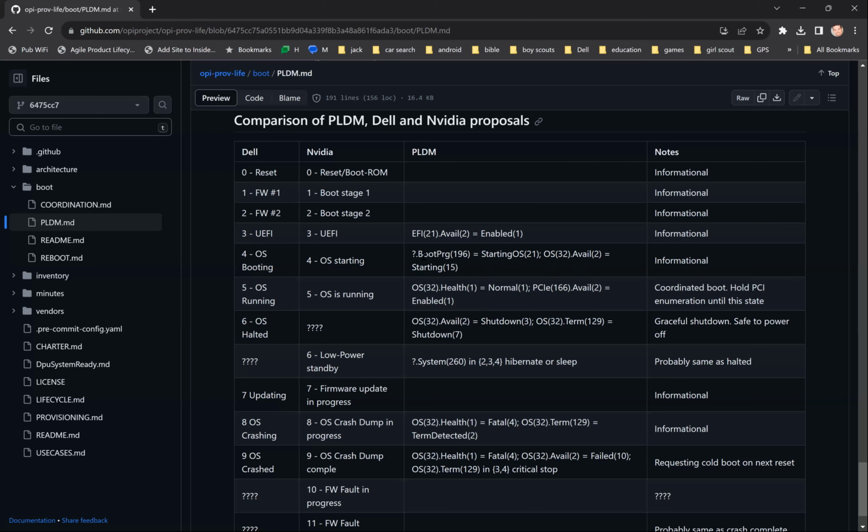You have this concept of entities, so you can have multiple entities, and they have different attributes, with availability and health being the two main ones. And then there are additional states, and I put question marks in front of those, because this would be more of a system-level point of view, like a container.